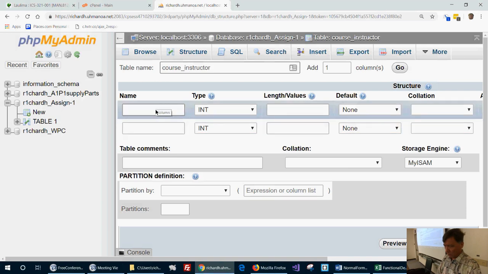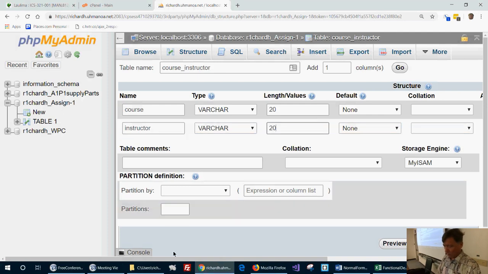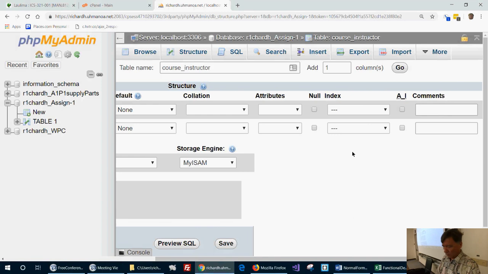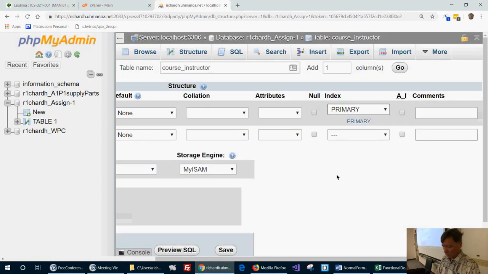The columns are going to be course, varchar 20, and instructor, varchar 20, and they're both going to participate in the primary key.